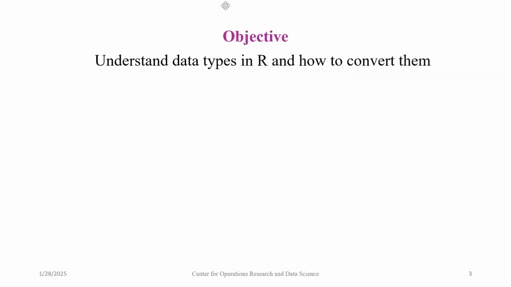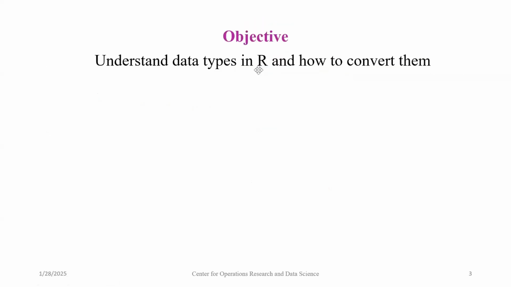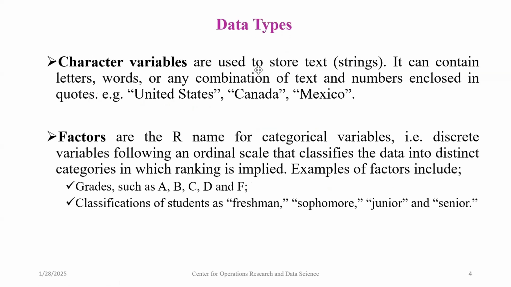So the objective of today's video is to understand data types in R and how to convert them. In general, these are the major data types that you encounter in R. The common one is character variables. Character variables are used to store text, and these texts may be in the form of strings.